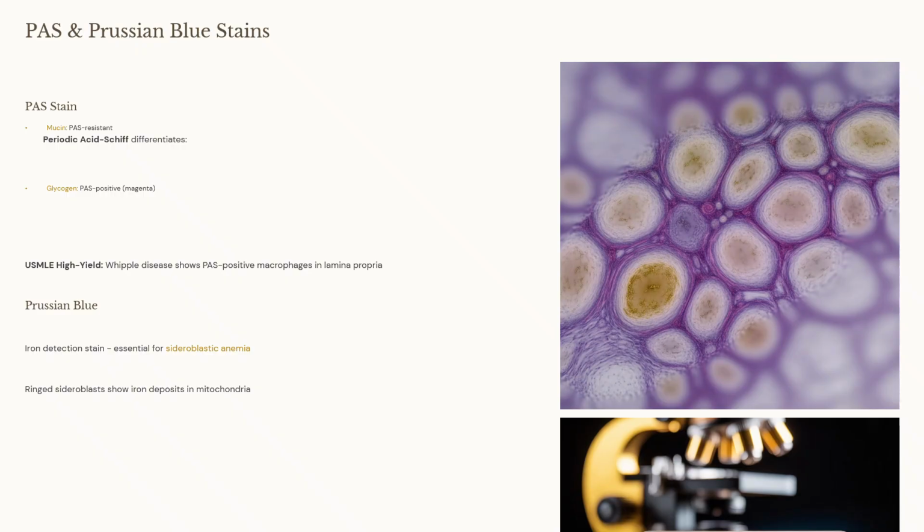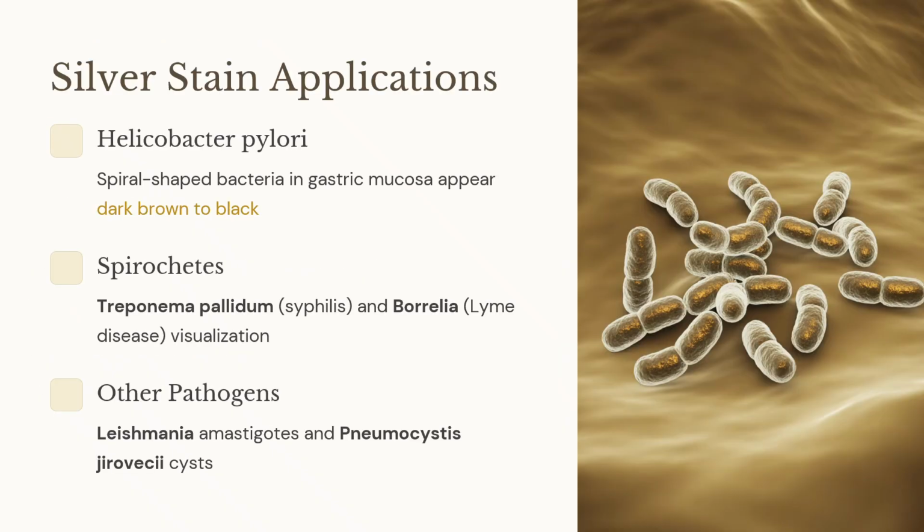So they will be present in the lamina propria in Whipple's disease. PAS negative is mucin, so that is not into consideration over here. So we need to know that Whipple's disease shows PAS positive macrophages in lamina propria. With this, we will see about the silver stain applications.